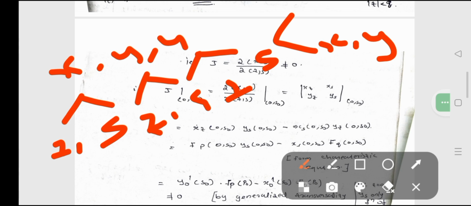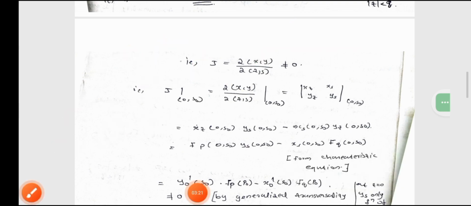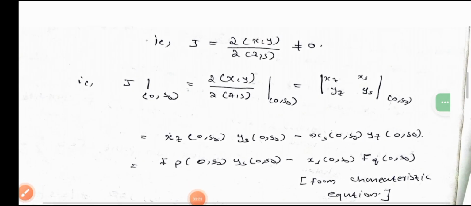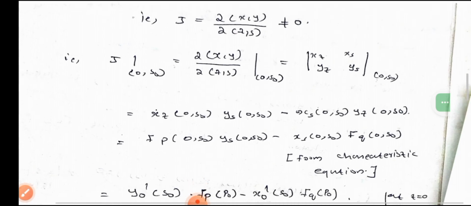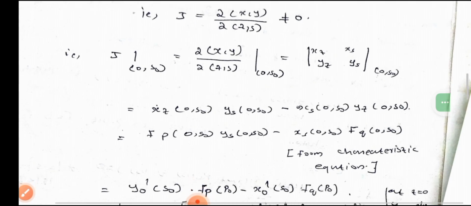Such an inversion exists only if the Jacobian doesn't vanish. That is, J is not equal to 0. We know that J is equal to ∂(x,y)/∂(t,s) is not equal to 0. Our point is 0, s naught.